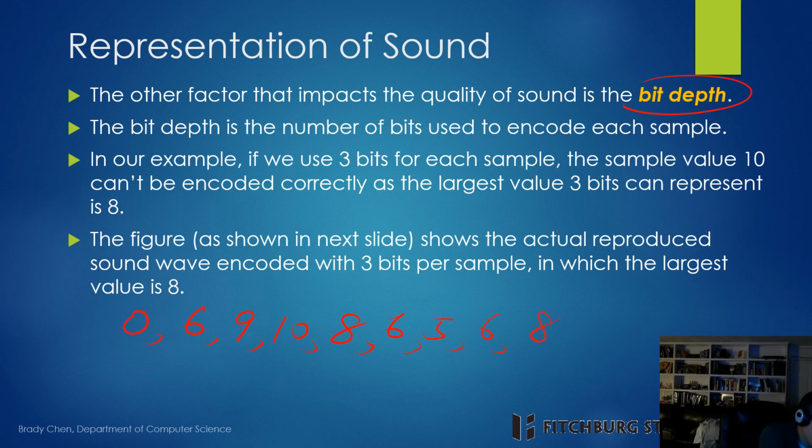And we use 4 bits. Now that 4 bits is the bit depth of this sampling. Okay. So now using 4 bits, we don't lose any information, right? Because even the largest amplitude 10 can be represented using 4 bits.